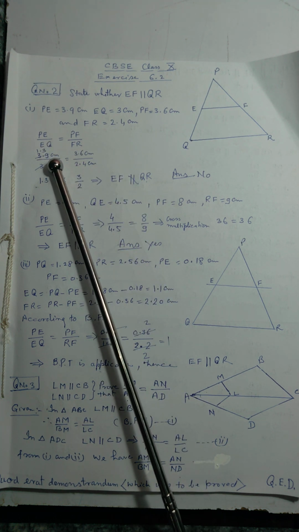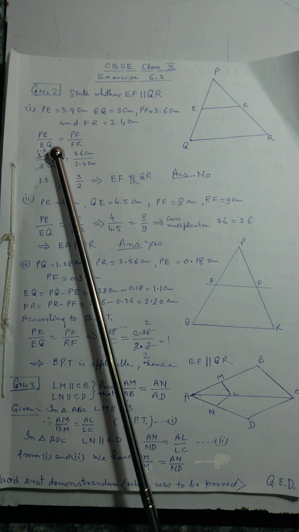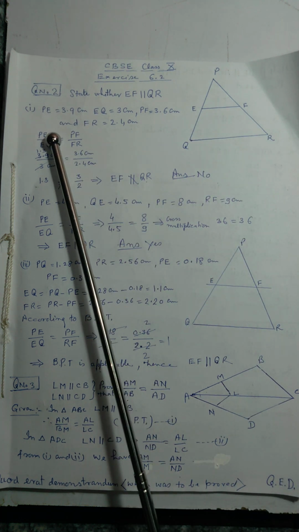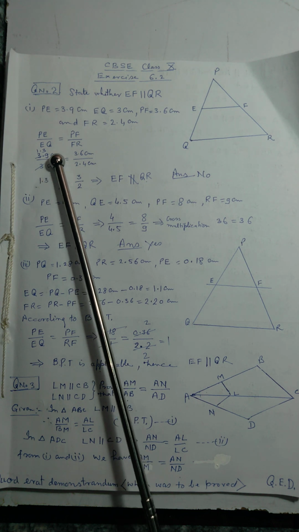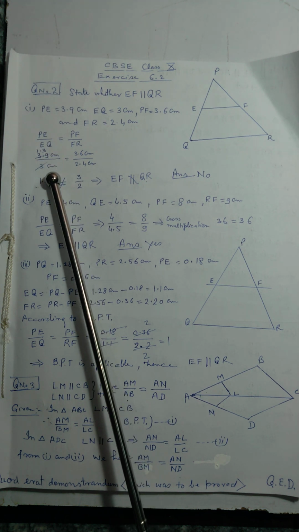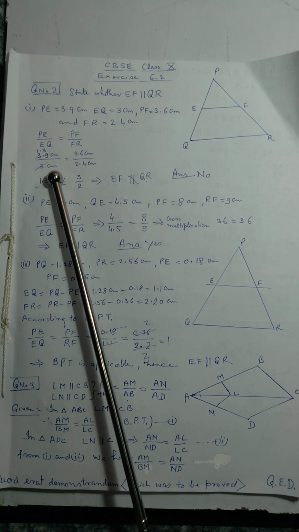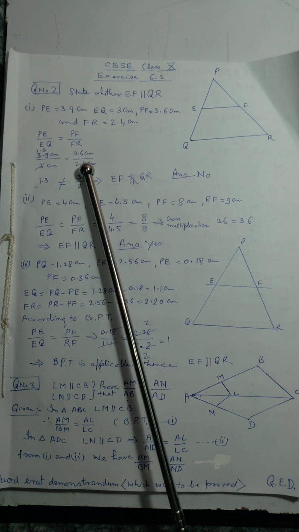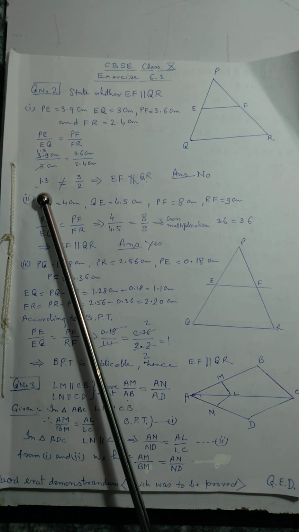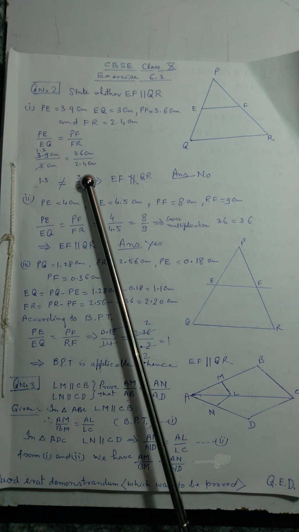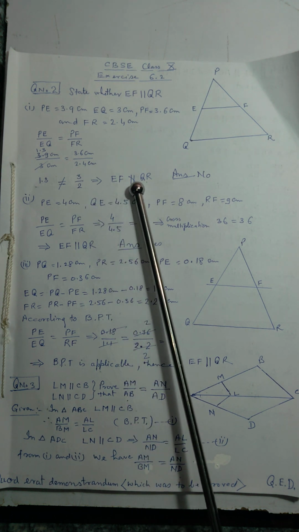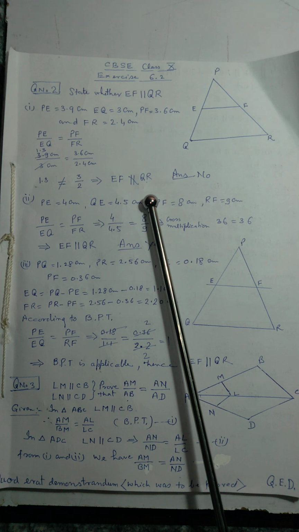By Thales theorem or basic proportionality theorem, let us assume that the line is parallel and the theorem is applicable. Now put 3.9 upon 3 and 3.6 upon 2.4. Here you will get 1.3, which is not equal to 3 by 2. Therefore, EF is not parallel to QR.